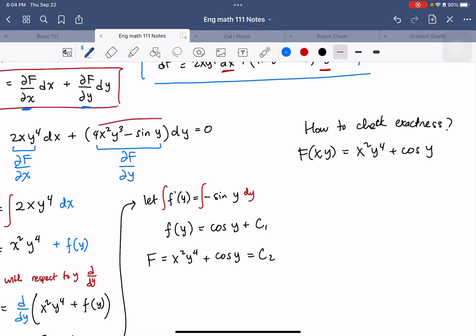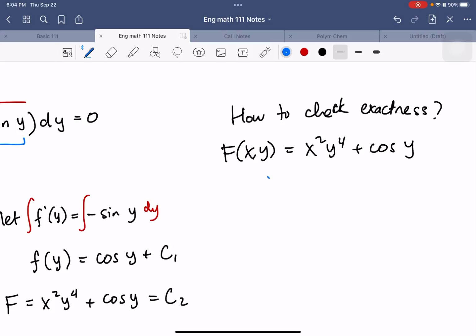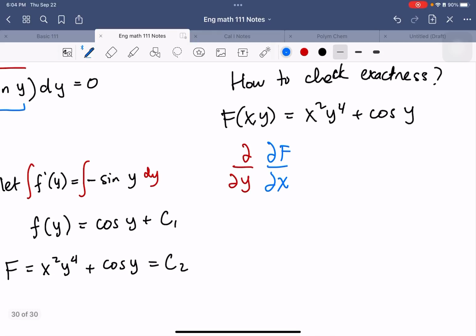To check the exactness, we are going to take the second derivative with respect to y for this dou f dou x, and for dou f dou y, we check with partial of x.